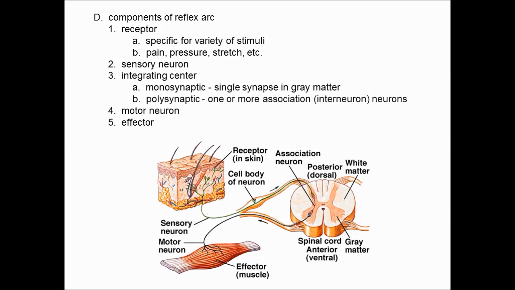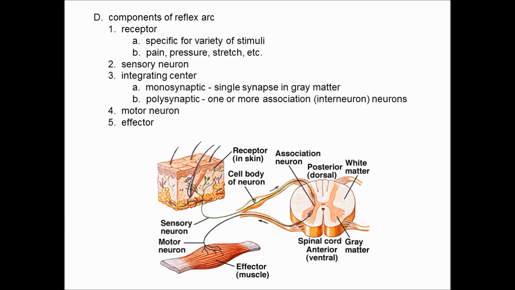The other thing, general comments about different reflexes before we start talking about them specifically, are classic elements that all of them have in common. For example, you have to begin with some receptor, and the modalities that activate those receptors can vary from pain to stretch to temperature to practically every type of sensation.